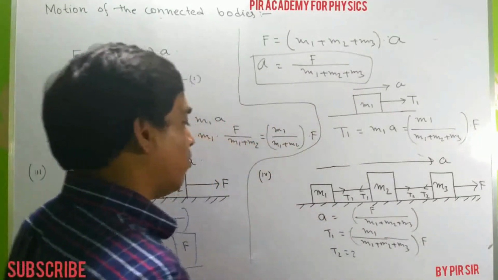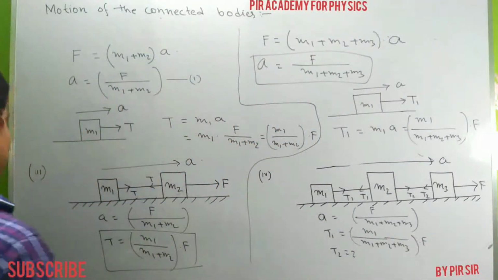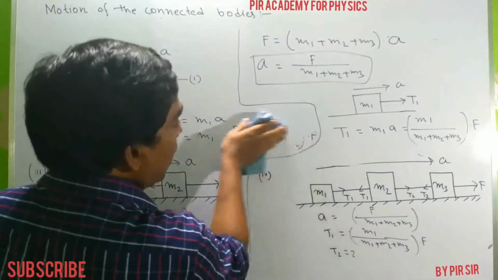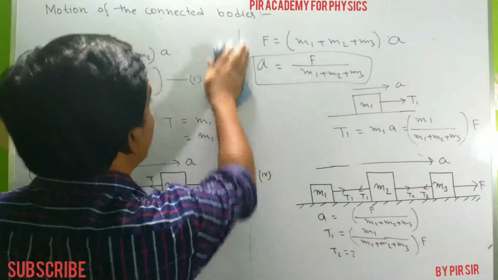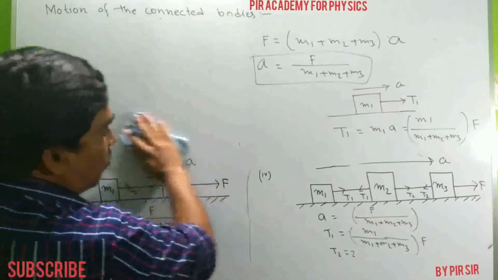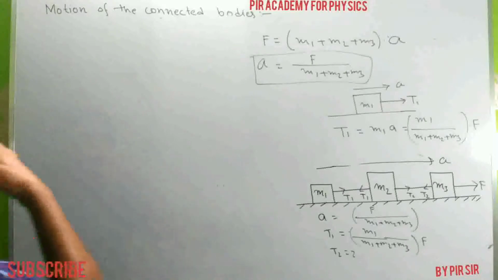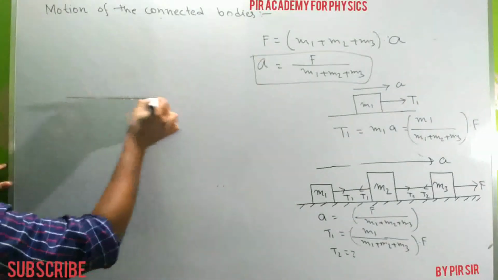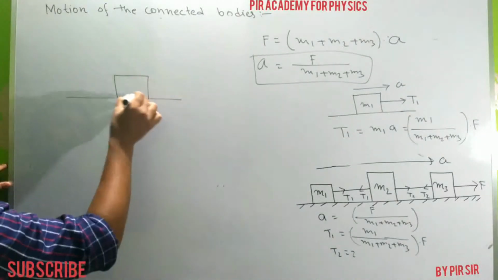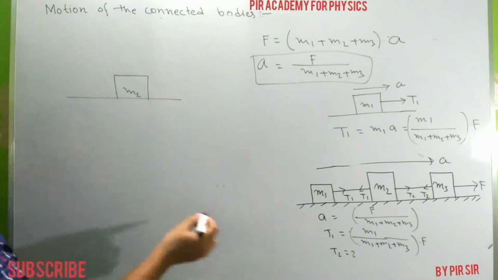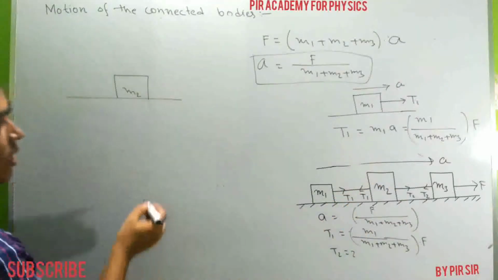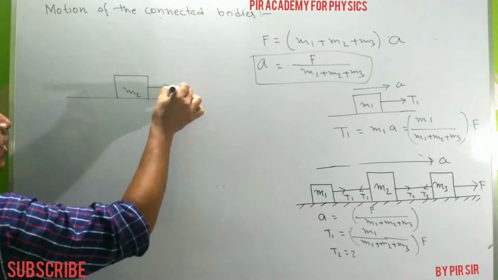And you have to calculate T2. For T2, you have to draw another picture. For this, you go to the mass M2. Here two forces are acting on mass M2. Along one direction is the tension T1 and along the other direction is T2.